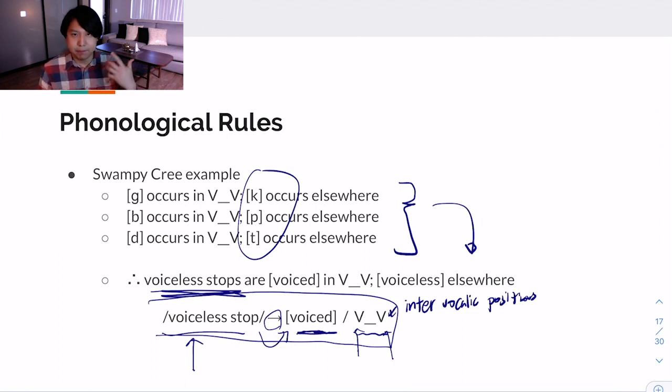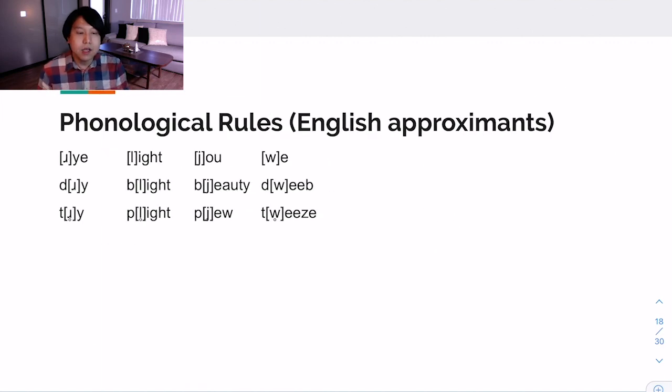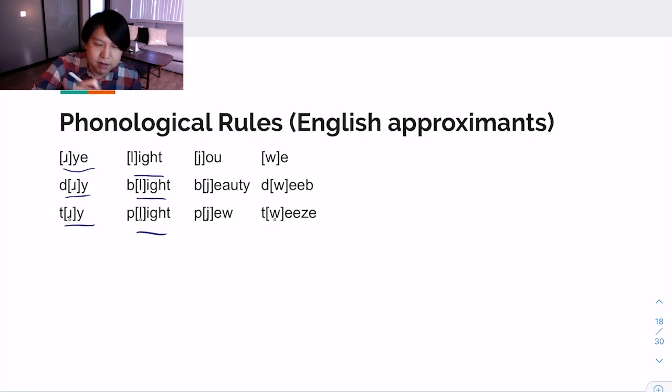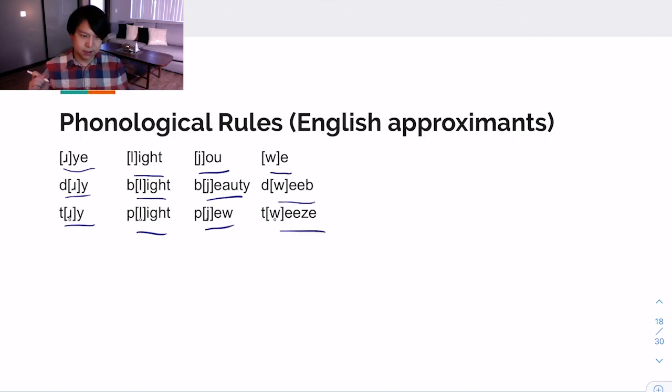That's a big phonological rule that exists in Swampy Cree that is applied to 3 different phonemes and results in 6 different allophones. So phonological rules also exist in English a lot. For example, English approximants here: rye, dry, try, light, blight, plight, you, beauty, pew, and we, dweeb, tweeze.